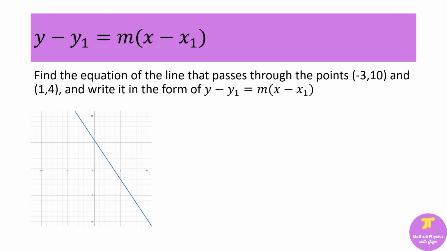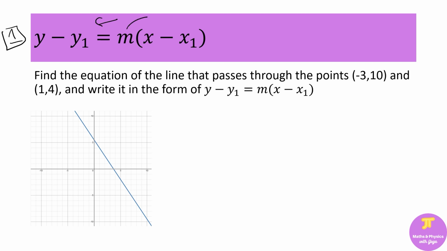In the previous slides, you have seen how to derive the equation for a straight line. But there are 3 ways we can derive equations, right? The first method is in this format: y minus y1 equals m bracket x minus x1.